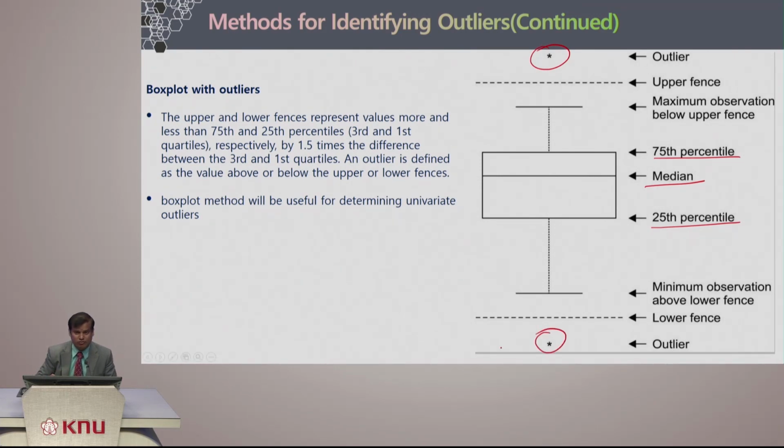It's easily observable. You can see the upper fence and the lower fence, and here is the maximum observation, and the minimum observation is given here. So if you display all your data using this box plot, you can observe the outliers with ease.